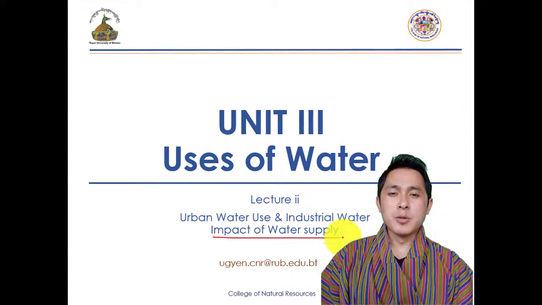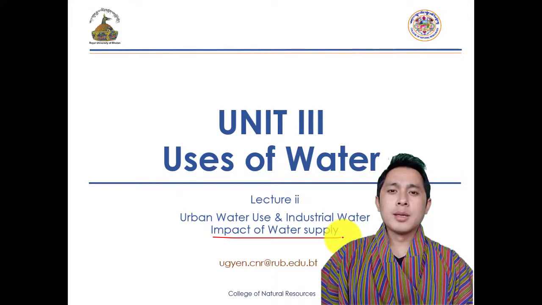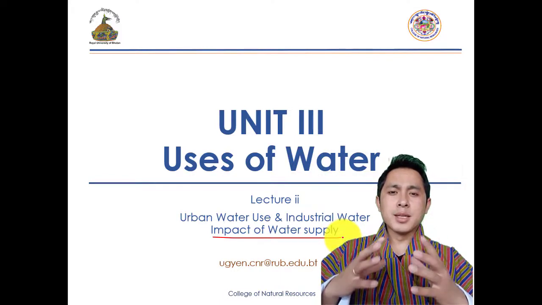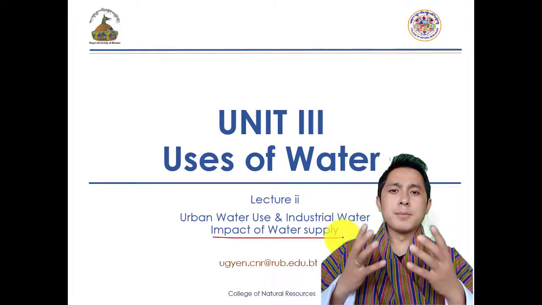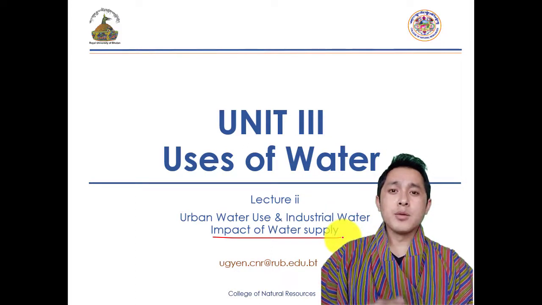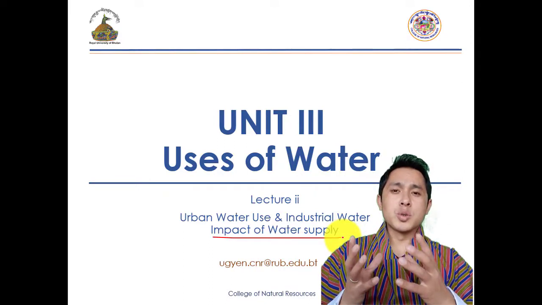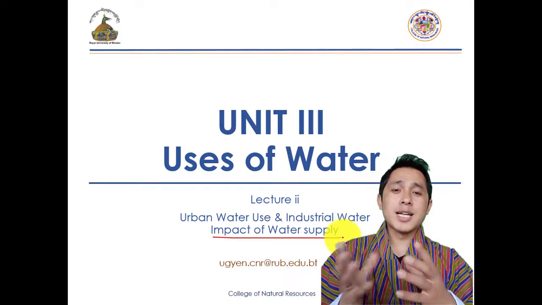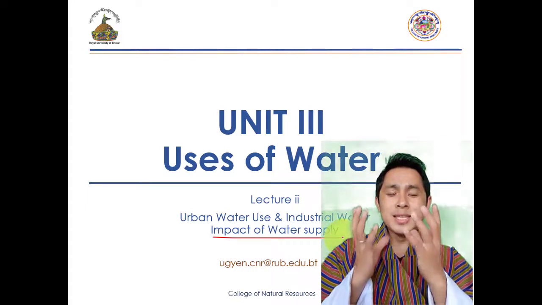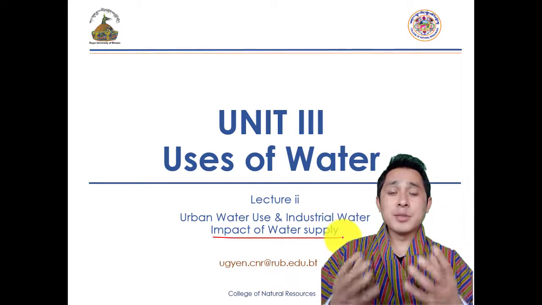When supplying for domestic purposes, urban purposes and industrial purposes, we need to have some kind of system. For example, if you're using water sources from lakes, ponds, or rivers and streams, you are not directly going to get those water from those sources at your home, but instead you are going to connect those with the reservoir or the tank, then connect that with the piping system.